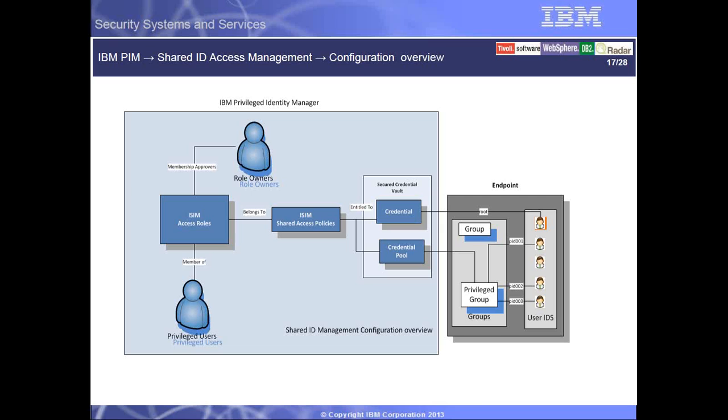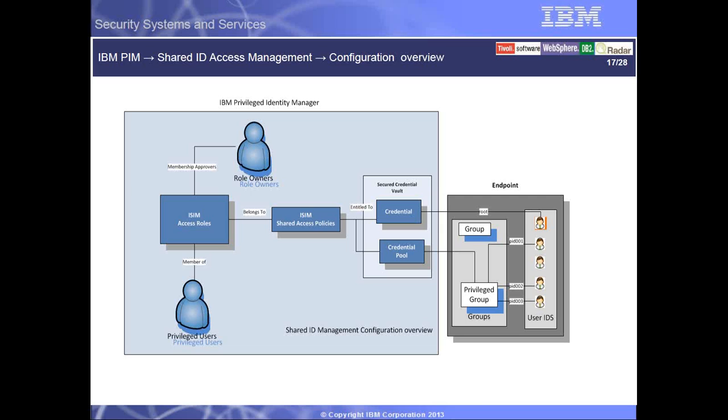What you could do is create ISIM roles, access roles for each of these privilege credentials or the pools which you have defined. So it could be a domain administrator, or it could be a Windows local administrator. So it depends. So you can define these roles.